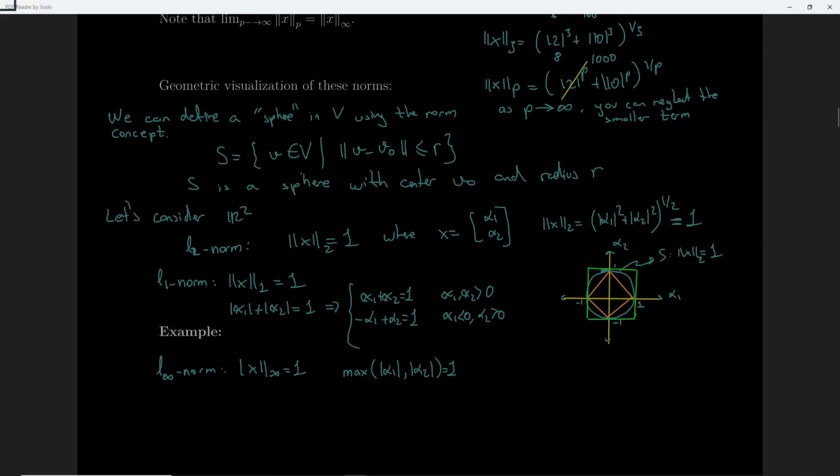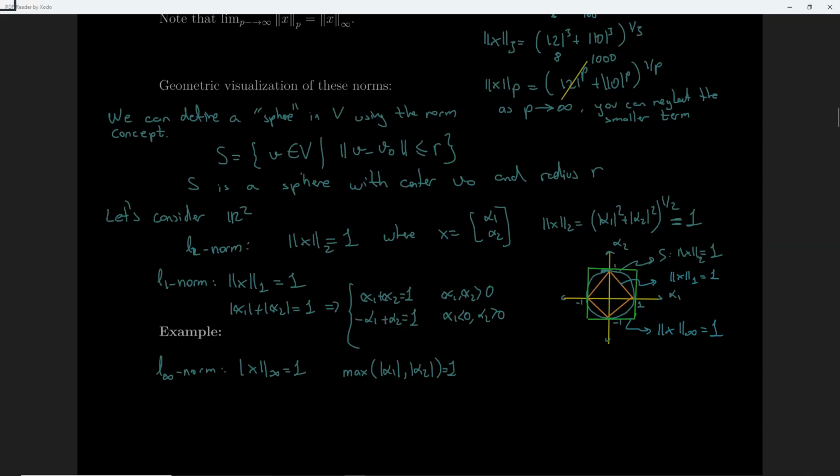So I can write that this was the L1 norm of x being equal to 1, and that is the infinity norm being equal to 1.